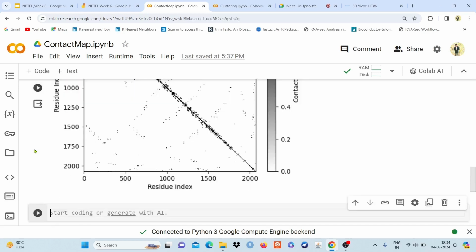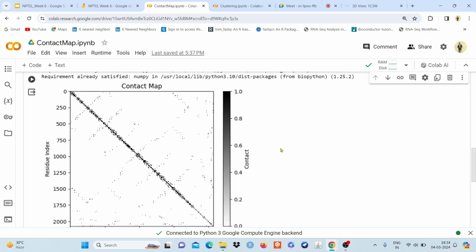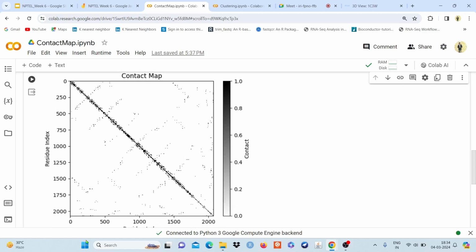And the final contact map can be seen like this, with residue index falling on both sides. Here, this heat map shows the closeness of two residues.